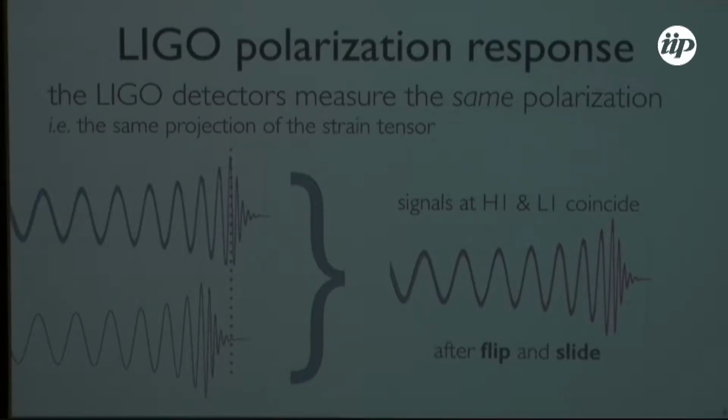So back then, it was decided that it was more important to make the data as similar as possible, so there could be less doubt that the candidate gravitational wave was real, at the expense of losing polarization information. So there was a trade-off there.